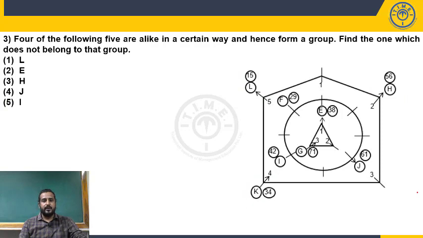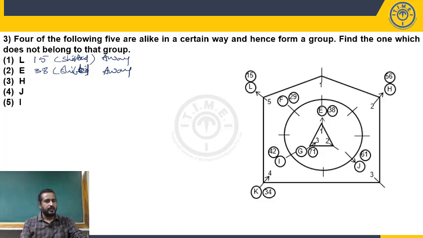Four of the following five are alike in a certain way and hence form a group. Find the one which does not belong to that group. Okay, what is L? L is having 15 and also shifted his position. E is having 38 and also shifted his position. Even L is facing away from the center, E is also facing away from the center. Let's see which logic is correct, that we don't know.